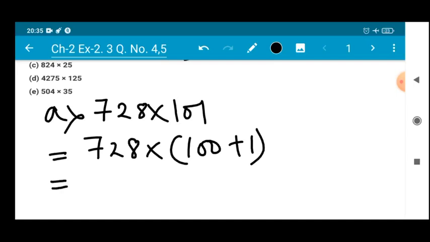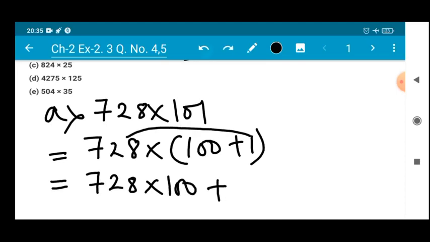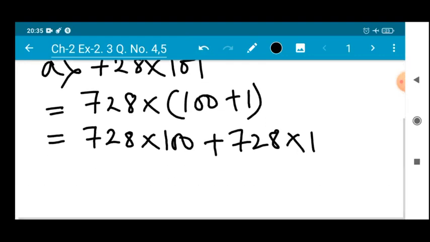Now if I open this bracket, 728 will get multiplied with 100 also, and then 728 will get multiplied with 1 also. This will be the distributive property. So I'm distributing this number with both the numbers. This is called the distributive property.